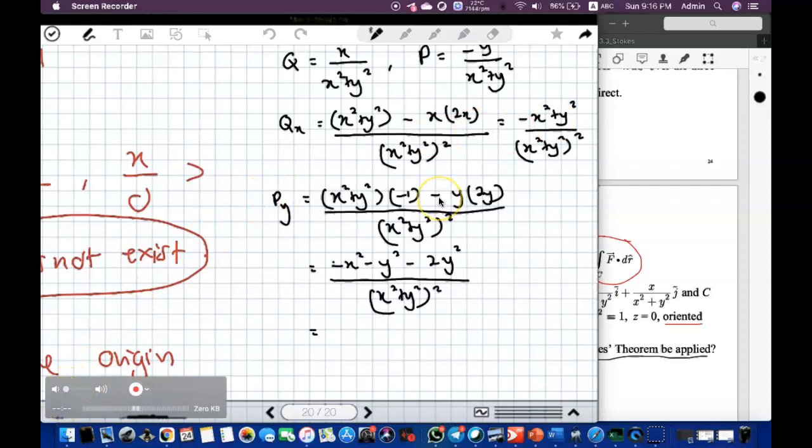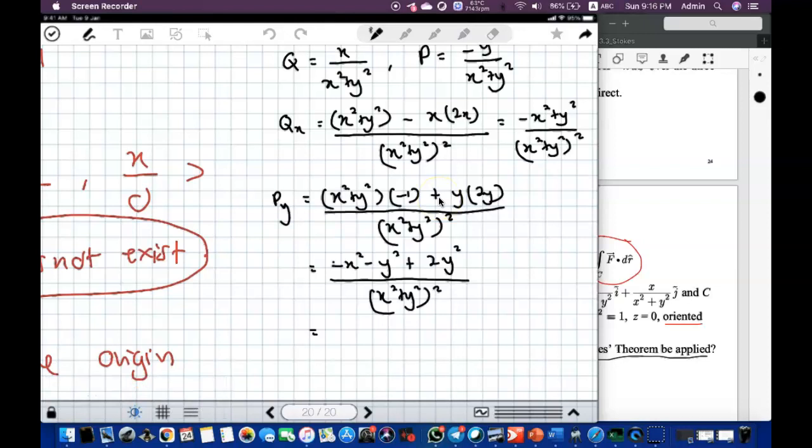Okay, I realize this one's supposed to be positive. So we will get minus x squared plus y squared over x squared plus y squared, squared.